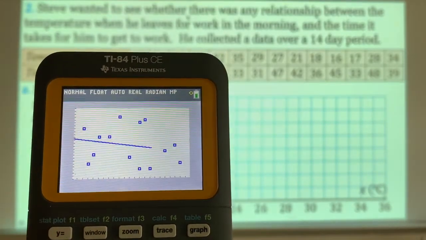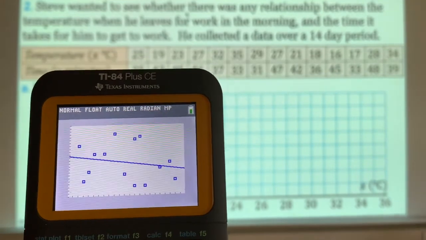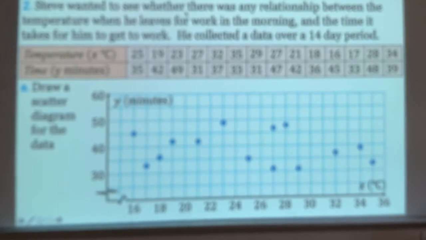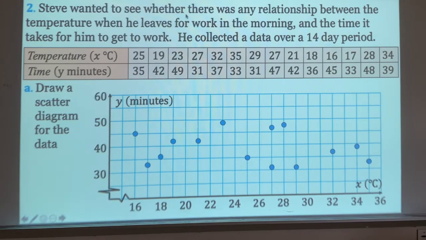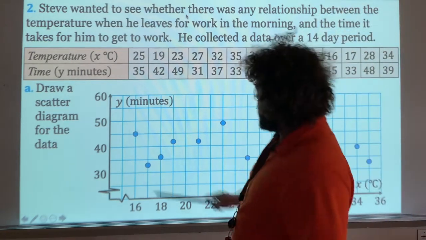So I'm looking at that, I'm like, wow, that's a weird looking graph, isn't it? Well, let's see if that matches up with what our thing looks like. Yeah, it does. And because I did that special graph, I can tell my linear regression line is probably going to be in the negative, probably going to be shooting down. So what our picture told us was it's going to look something like this.